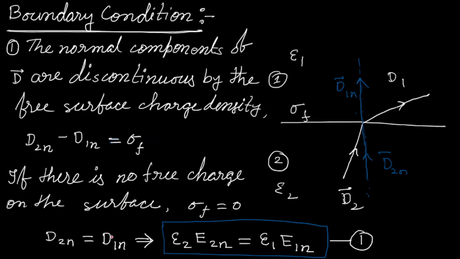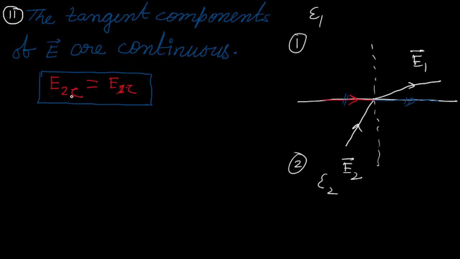In terms of electric field, epsilon 2 into the normal component of electric field in the second medium is equal to epsilon 1 into the normal component of electric field in medium 1. And the second boundary condition, we can equate the tangent components of E1 and E2.